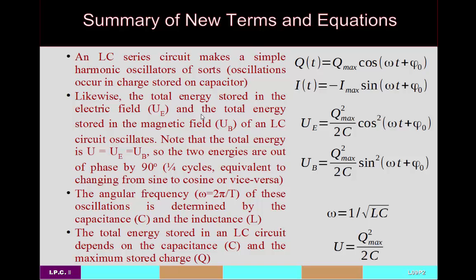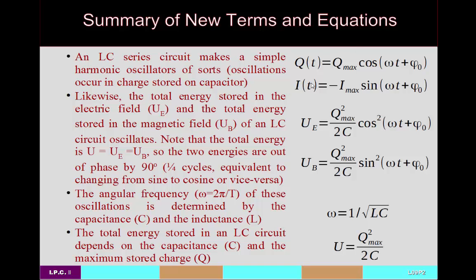If you have an LC circuit instead of an LR circuit, then you have the circuit equivalent of a simple harmonic oscillator, where charge takes the place of displacement and current takes the place of velocity. And again, the current is 90 degrees out of phase with the charge.